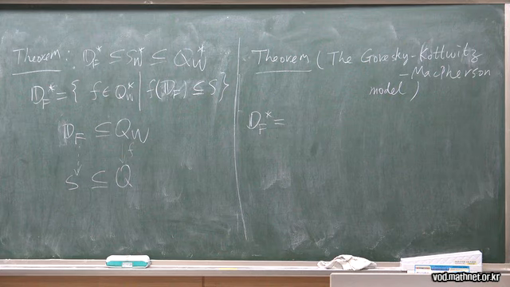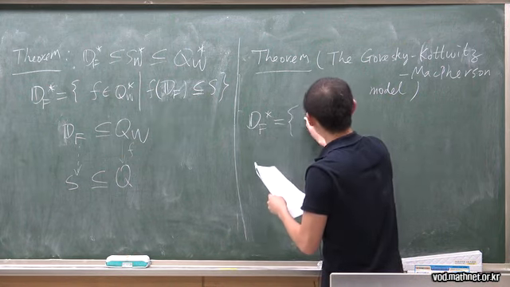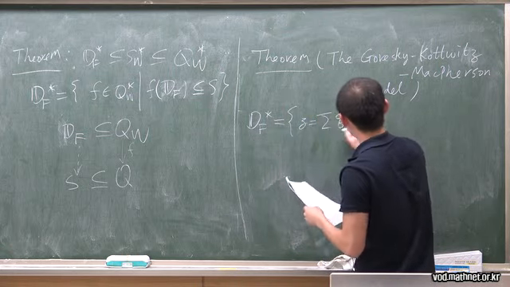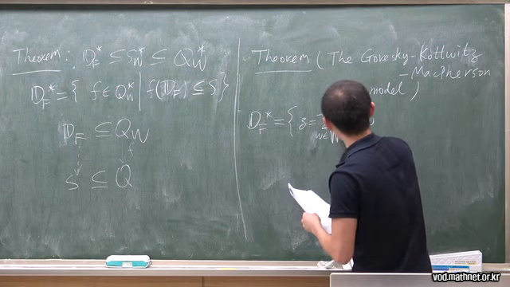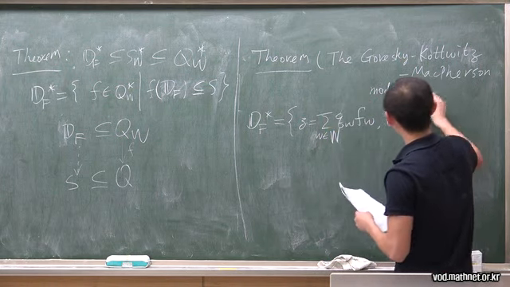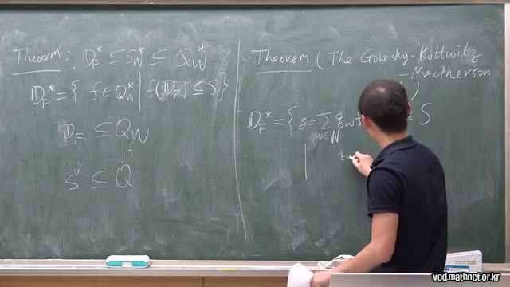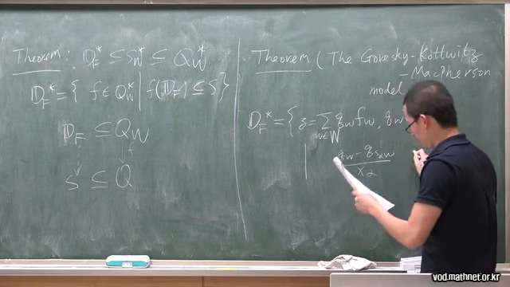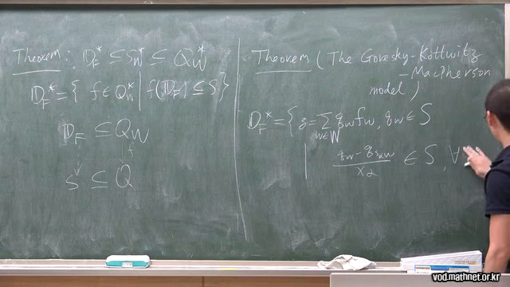Now you have this description, which says that this consists of all such sums of q_W f_W, with q_W in S, such that q_W minus q_{s_alpha W}, divided by x_alpha, belongs to S, for any root alpha.